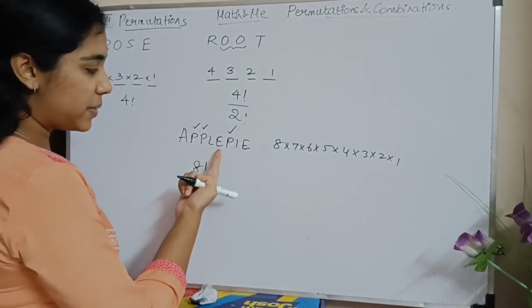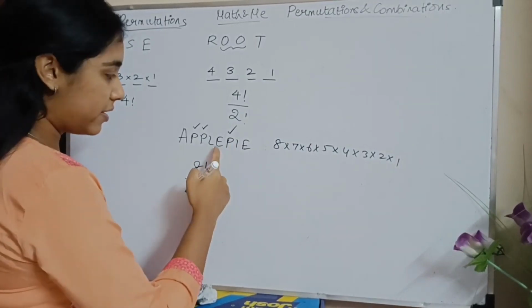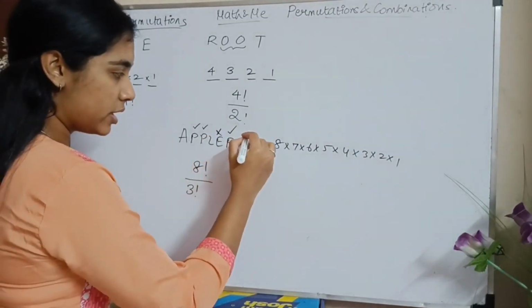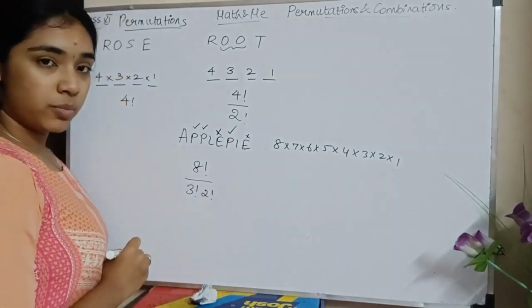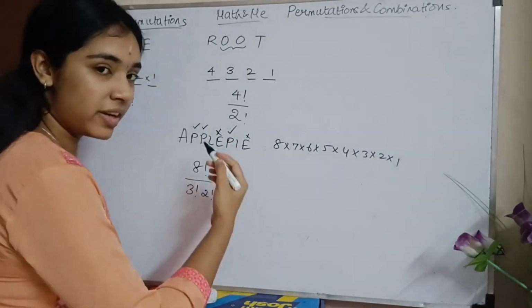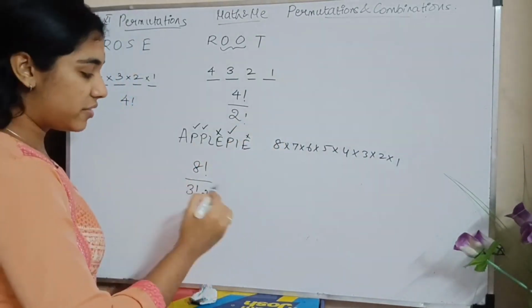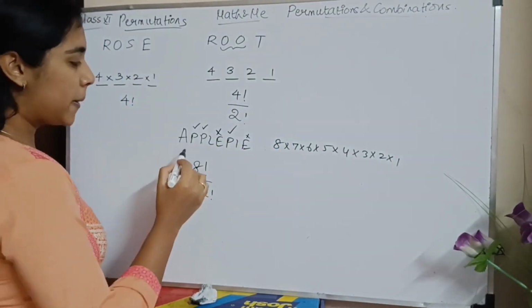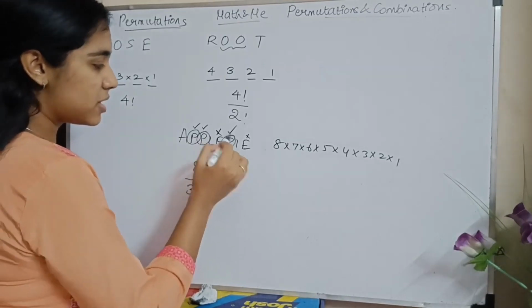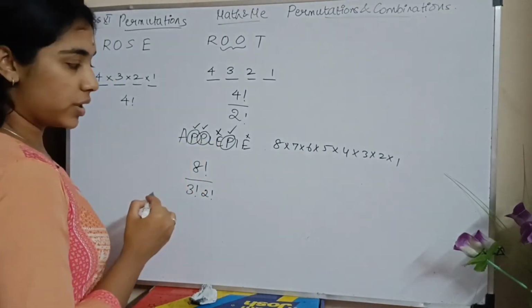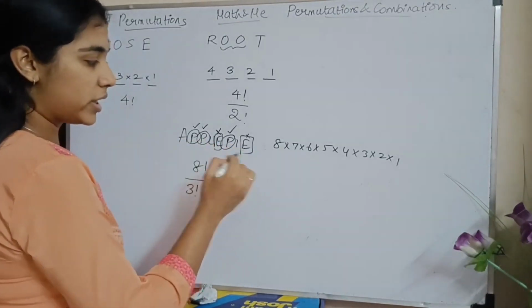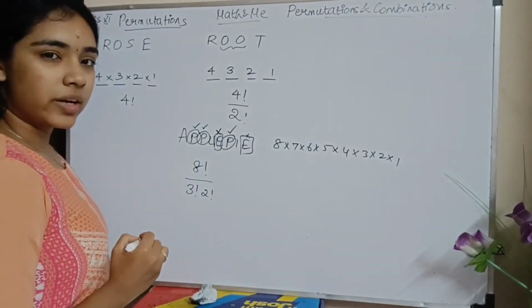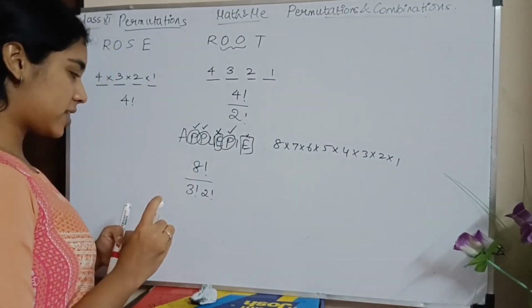What else is repeated? E is repeated. How many E's? 1 and 2. So 2 factorial. Basically, however many repetitions you have, you divide by the factorial of the number of repetitions. So the P is repeated 3 times, so 3 factorial. E is repeated 2 times, so I'll divide by 2 factorial. Okay. We'll solve examples and you'll understand it better.